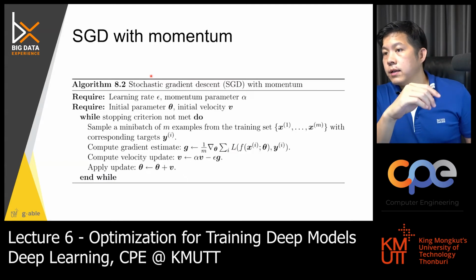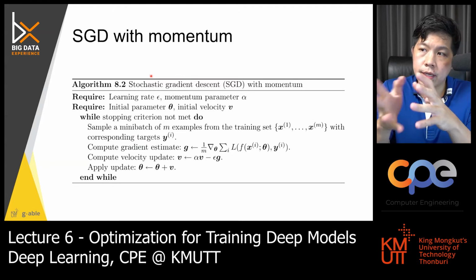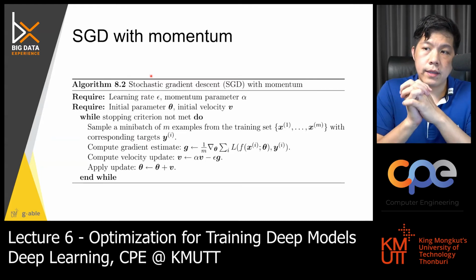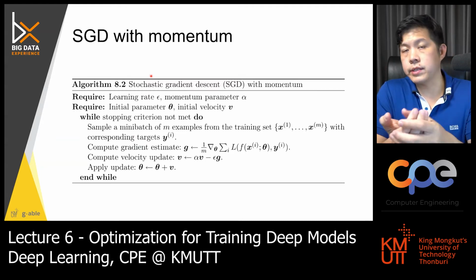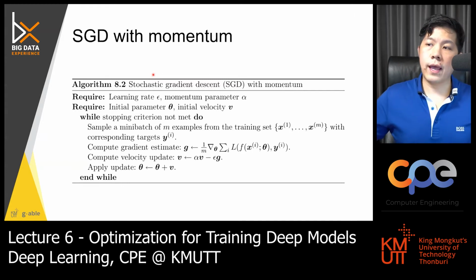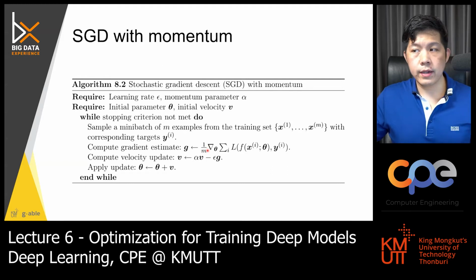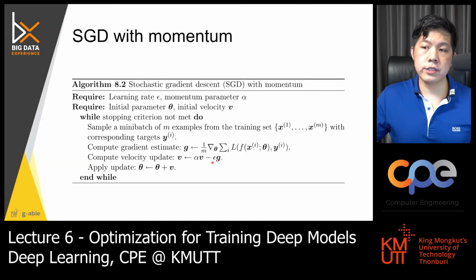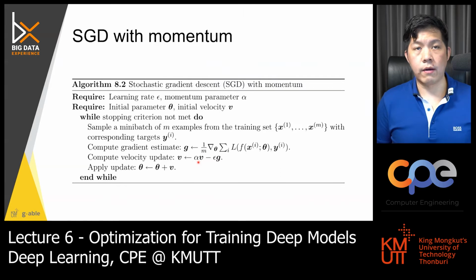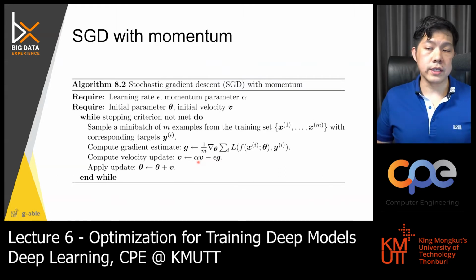That means stochastic gradient descent with momentum is just like gradient descent, but it has this velocity parameter instead of using the gradient directly. Now we use the gradient to adjust the velocity with the momentum parameter alpha, and then the velocity is added into the parameters.